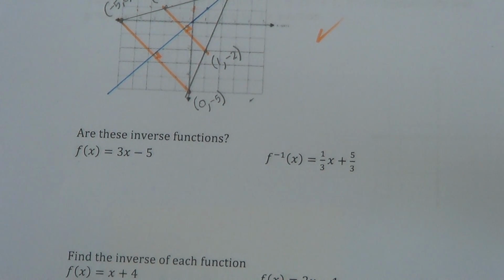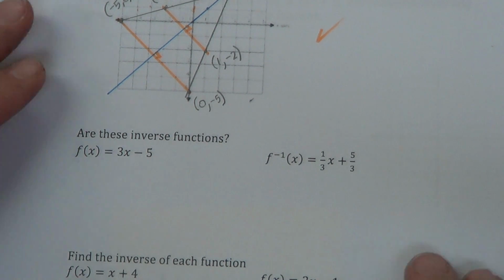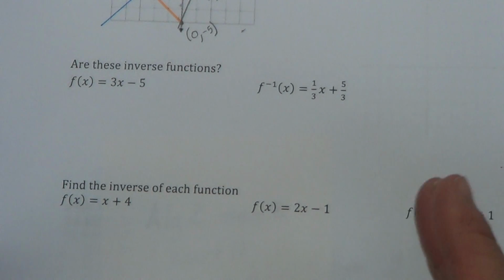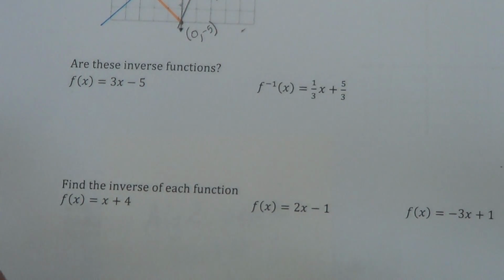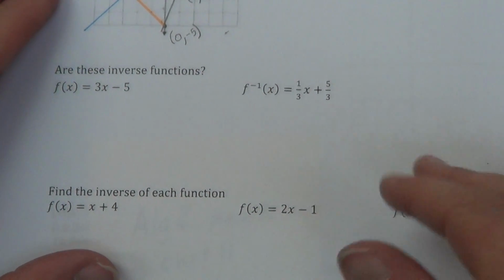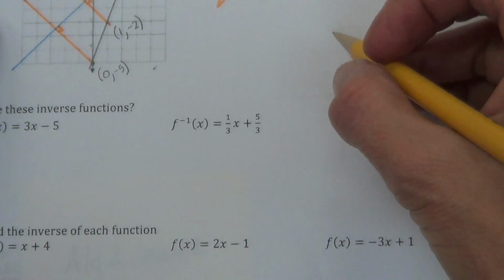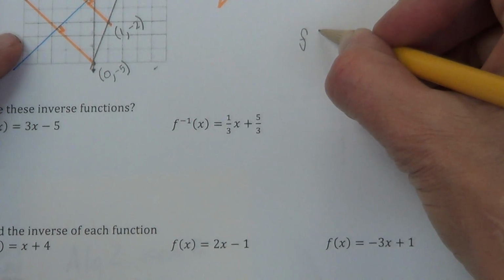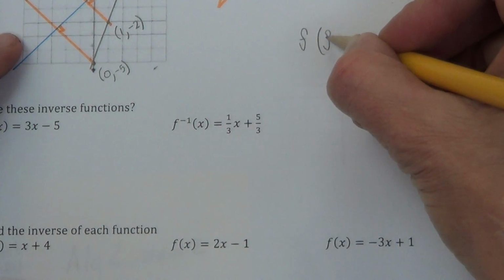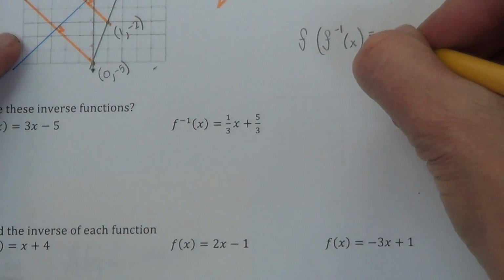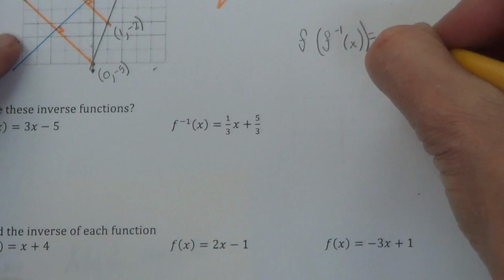Now it asks, are these inverse functions? Well, there is another way that we can verify whether or not inverses are inverses. And here's how we verify. If we take f of the inverse, it will equal x.